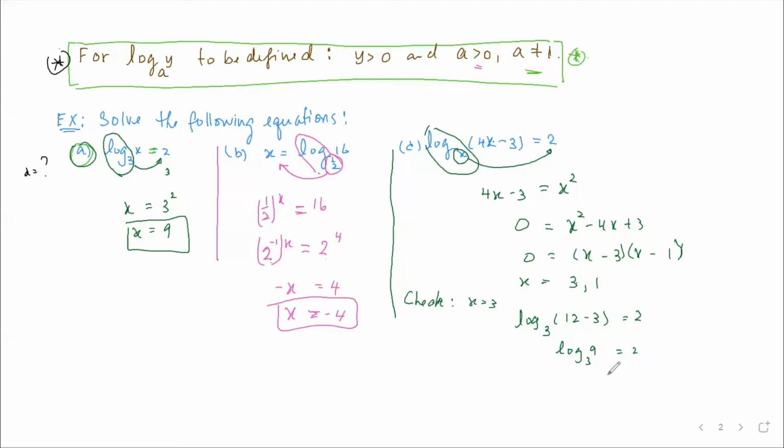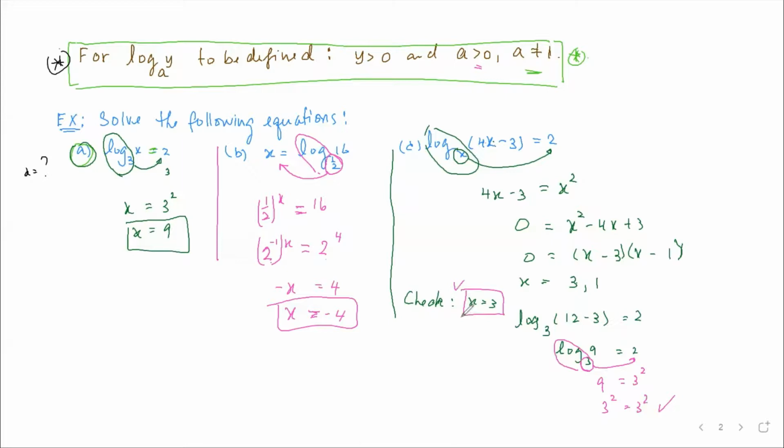Then you can see we check again. Move the base 3 to this side, so it becomes 3 to the power 2. This one has moved already, so this side is left with 9. So 3 to the power 2 equals 3 to the power 2. Then it's correct.